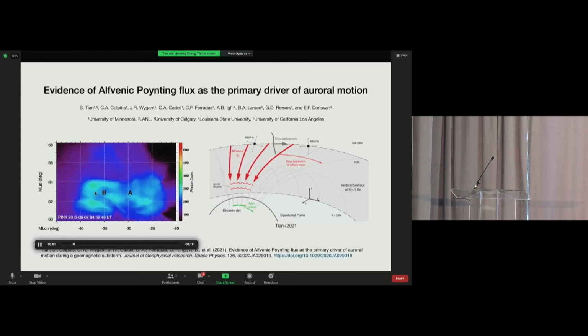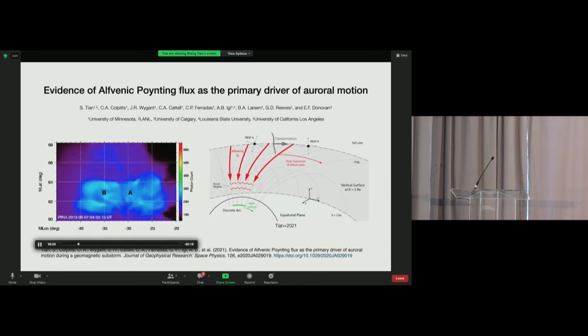In this case, the two RBSP spacecraft operated in the same local time, so therefore we mainly study the azimuthal propagation of Alfvén waves and auroral motion.